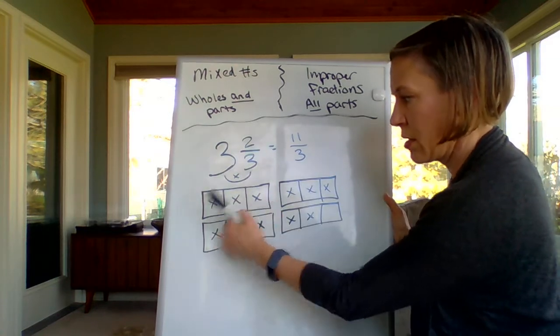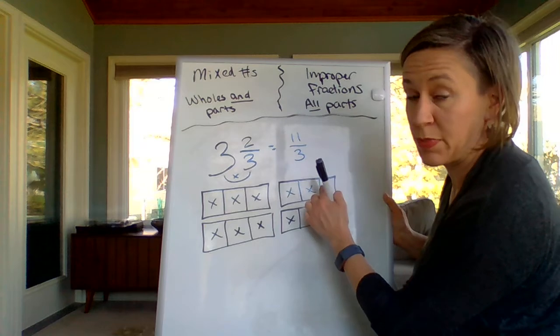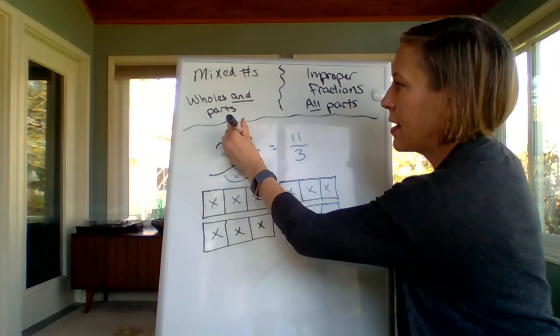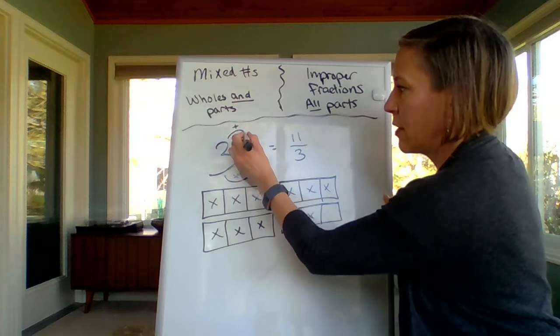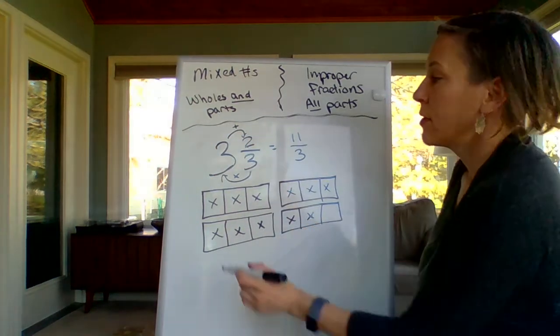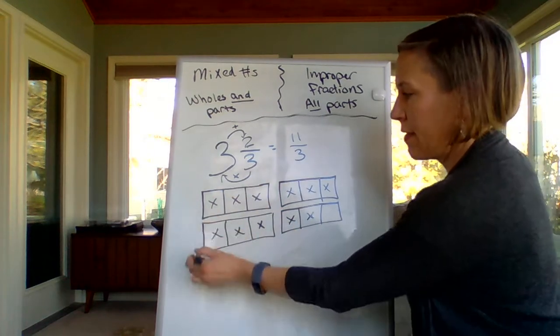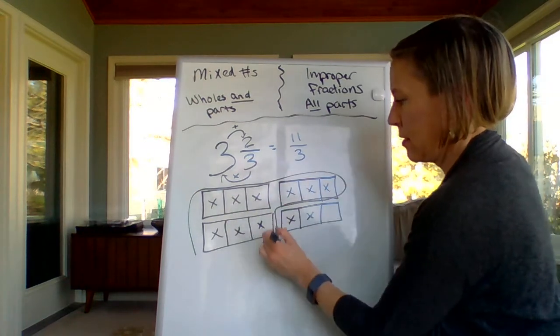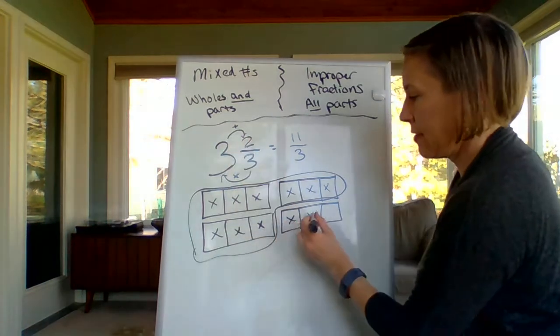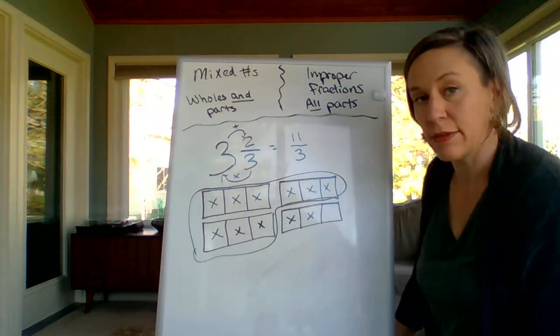There's 3, 3, 3. There's 3 pieces 3 times. So that's 9. And then I'm going to add in the other 2 pieces. So 3 times 3 is 9, and that represents all of the parts in the whole number. And then I'm adding in the other 2 pieces, and I get 11 thirds.